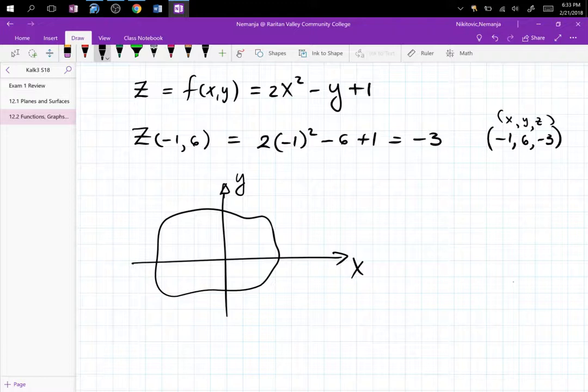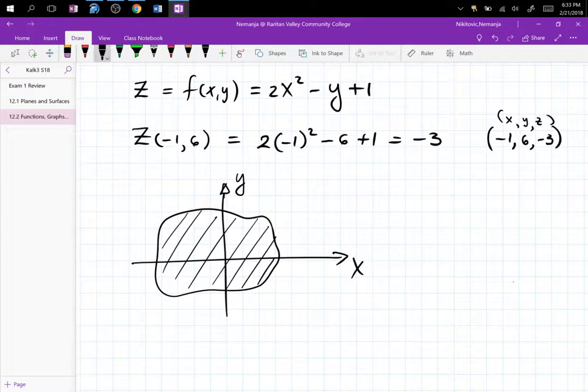Now, the boundary of the puddle creates the domain. And if the function is feet are wet, 1, and feet are not wet, 0, the domain of that function, when you are getting wet feet, is when you step inside the puddle. So all of the values inside the puddle will produce the answer.